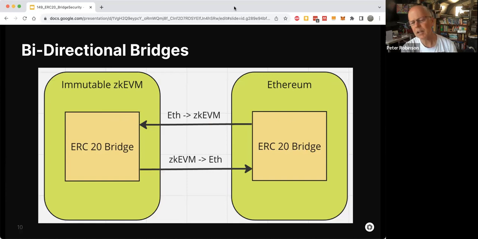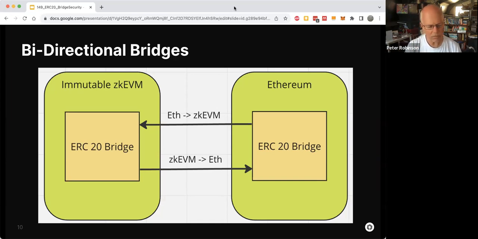Another thing to consider is that bridges are unidirectional. Here we've got the Immutable ZK EVM and Ethereum. We've got one bridge from Ethereum to the ZK EVM, and then separately a bridge from the ZK EVM to Ethereum. They do not have to use the same underlying technology. They can be completely different.